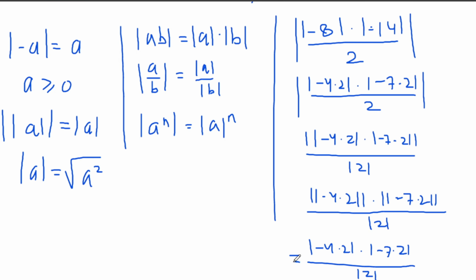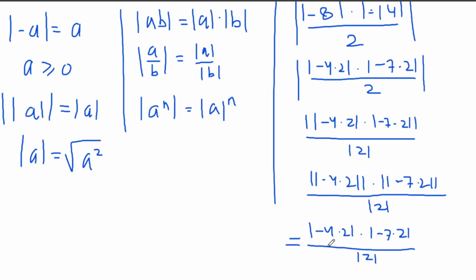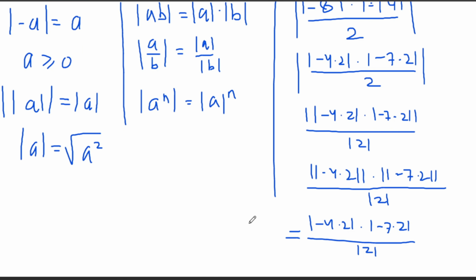And then the result would be the absolute value of negative 4 times the absolute value of 2, times the absolute value of negative 7 times the absolute value of 2, over the absolute value of 2.